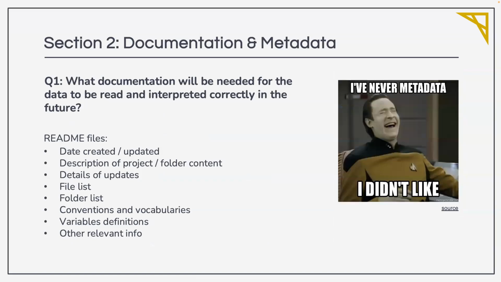All right. So moving on, documentation and metadata. What documentation will be needed for the data to be read and interpreted correctly in the future? Now, this question and documentation, it's not so much revealed here, but I'm going to pick this apart a bit, that a lot of what happens in the DMP assisted and data management plans are looking at data's integrity after a project's completion.